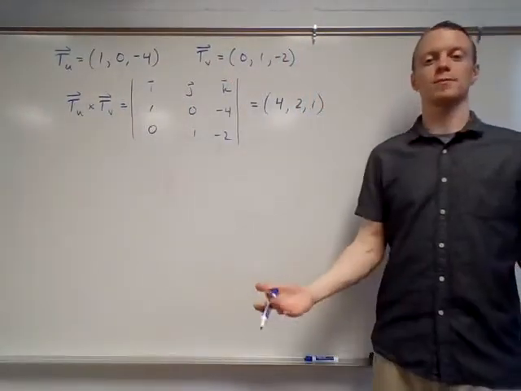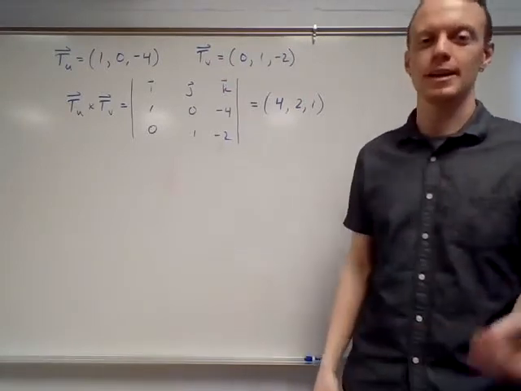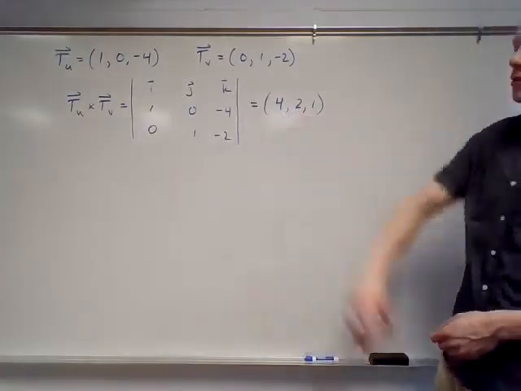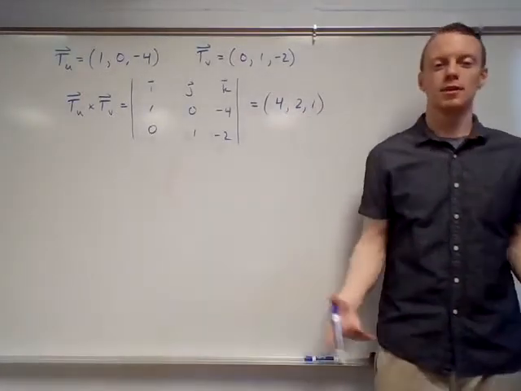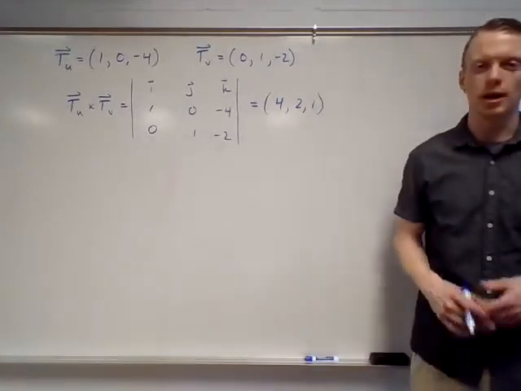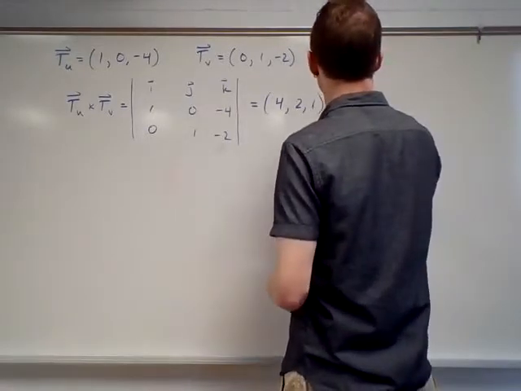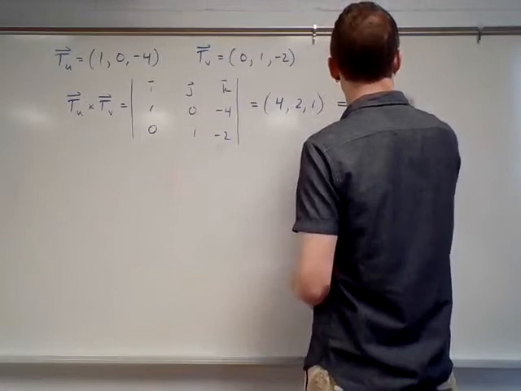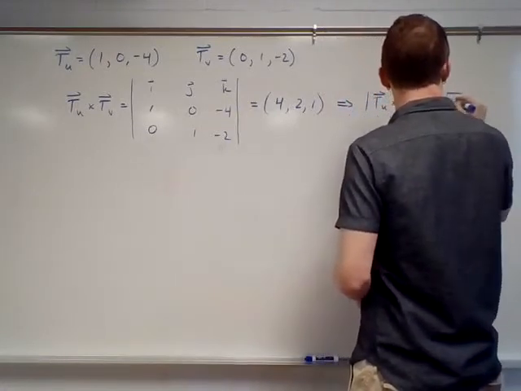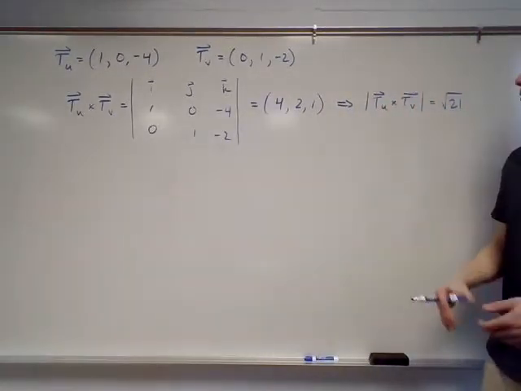Again, just another straightforward calculation of the determinant of a 3 by 3 matrix. I'm going to find the norm of this guy, the square root of the sum of the squares of its components. Pretty straightforward, though, to see that. We're going to find that the norm of this vector is equal to the square root of 21.